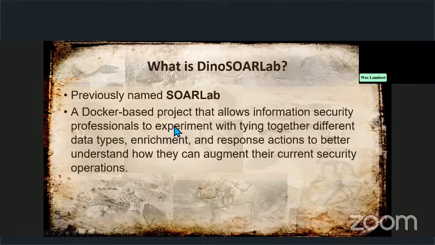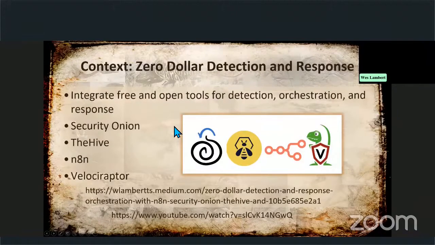Again, it's going to be similar to the previous talk, but there will be some key differences. A little bit of context: I put out an article about tying together Security Onion, TheHive, n8n, and Velociraptor a while back, maybe a couple of years now.